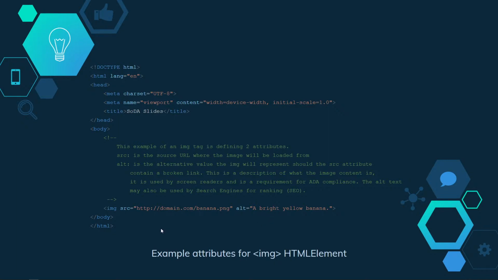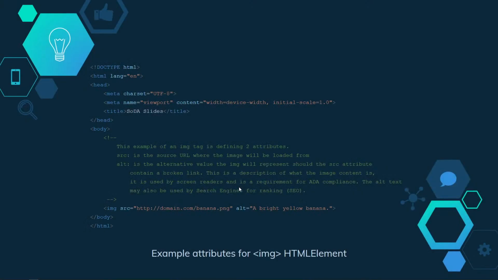Now this alt attribute has a specific function. If for some reason the link that I provided in the source is broken, somebody deleted the image, or it was moved, or the name changed, something happened, and we cannot actually grab the image, then the fallback is we will display in its place the text that follows here.